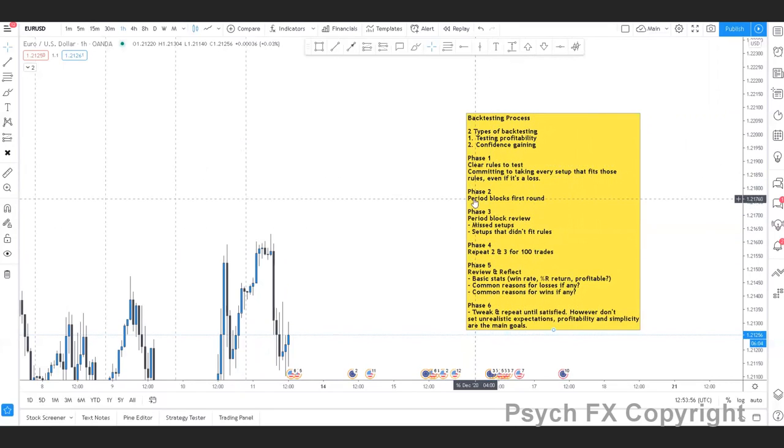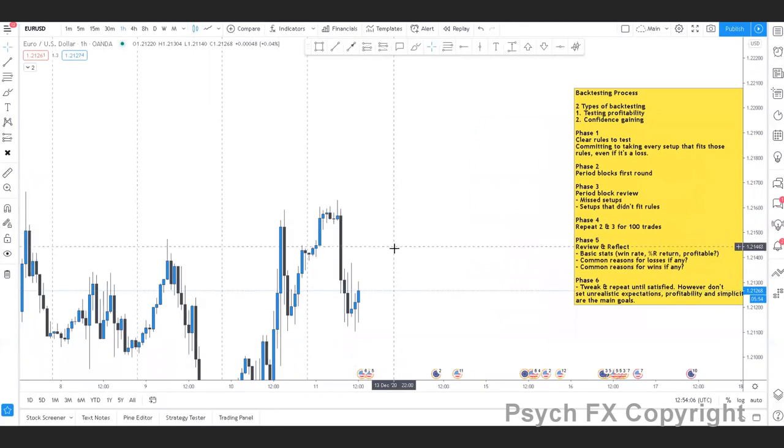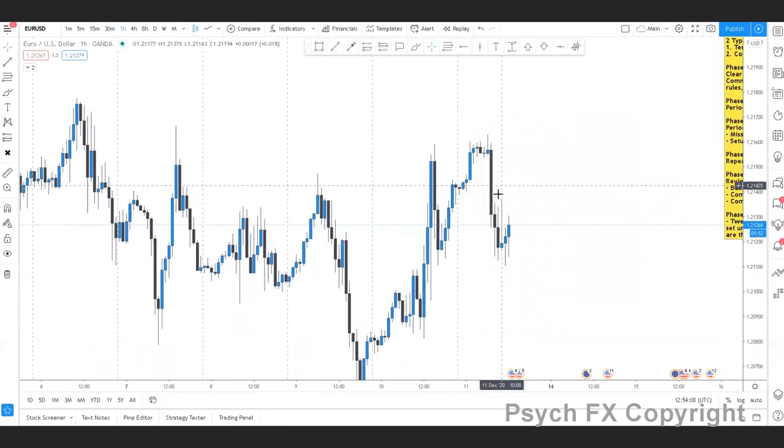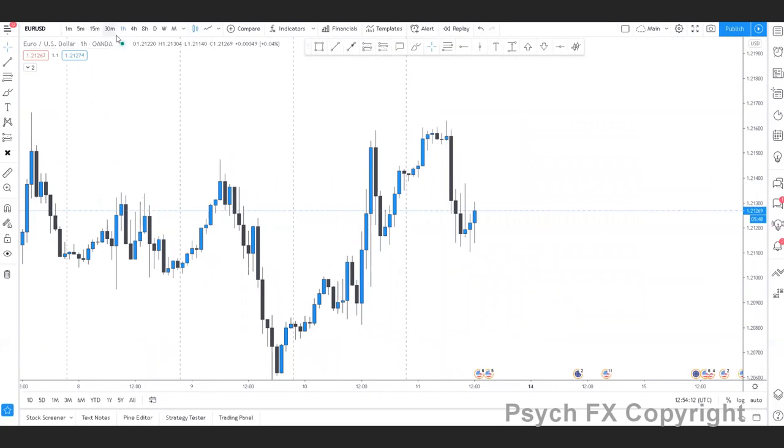In here, I put period blocks and first round. Period blocks are basically time periods where you're going to be testing. The reason I do it in period blocks will become more apparent in phase 3, but depending on the time frame you're using, it's going to be a period where you can get about 10 to 20 trades in.